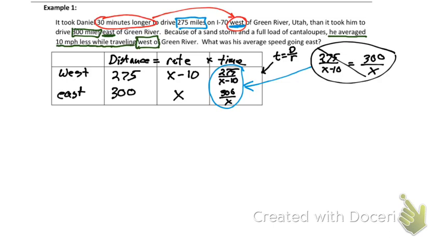That is because it took him 30 minutes longer to drive west. Now think about this. To make them even, would I add the 30 minutes to the west side of that equation, or would I do it to the east side of the equation? Which side would I add the 30 minutes to?